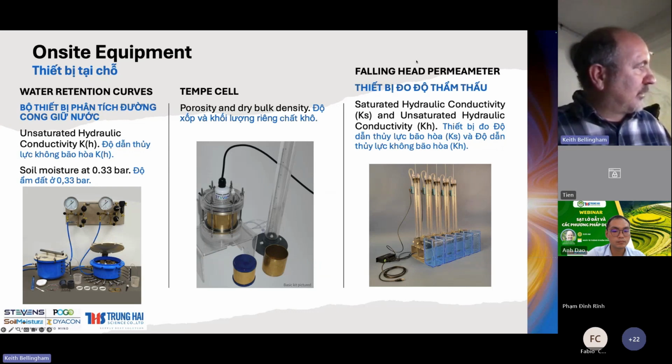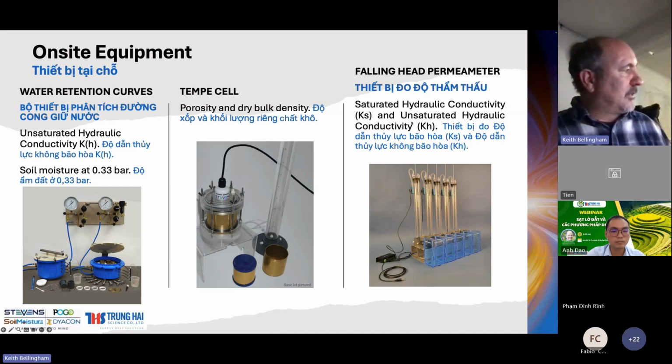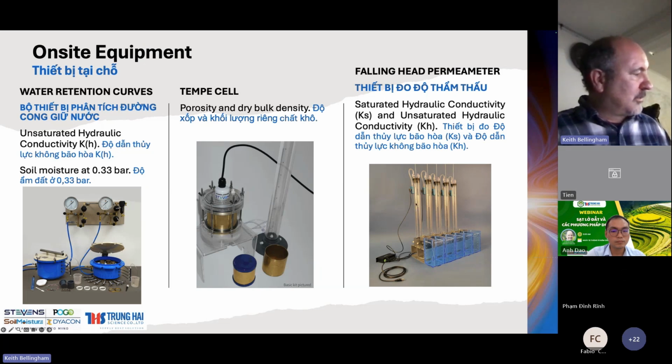And then finally, we have permeometers, and a permeometer measures the saturated hydraulic conductivity of a soil sample. It can do it two different ways. It can do it using a falling head method or a steady state constant head method, both of which can be used with this setup here on soil samples. There's electronic pressure transducers inside to measure the rate of falling water.